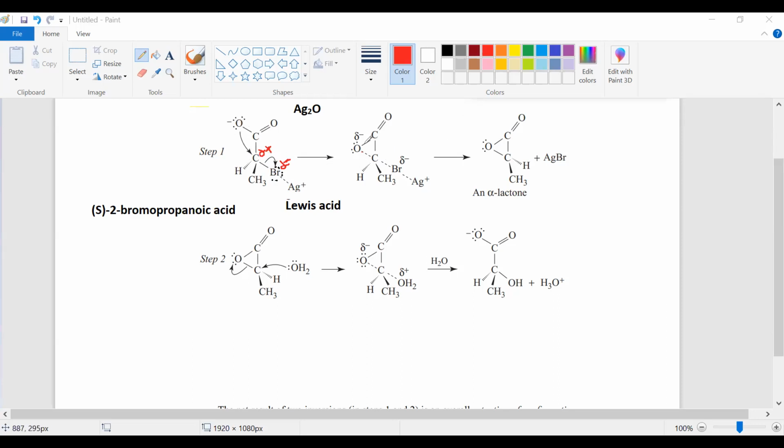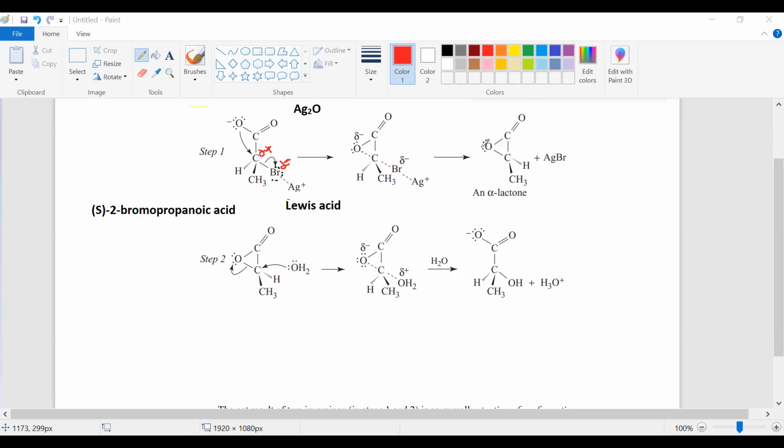Oxygen will be forced to form a bond like this one. The developed positive charge on carbon is dispersed by the formation of the bond here, and once the AgBr is fully formed, you get your COO. You get the bond, your 4 bonds of carbon.